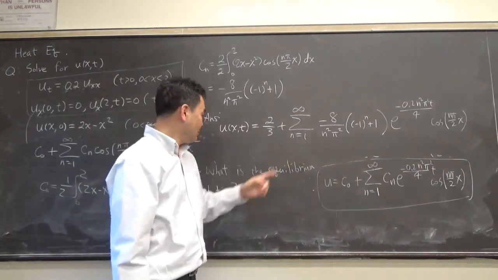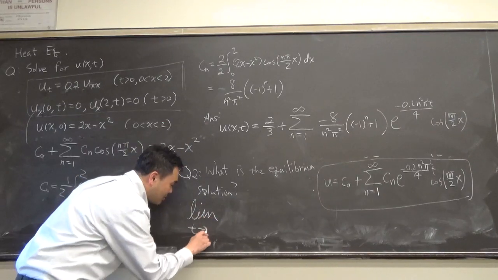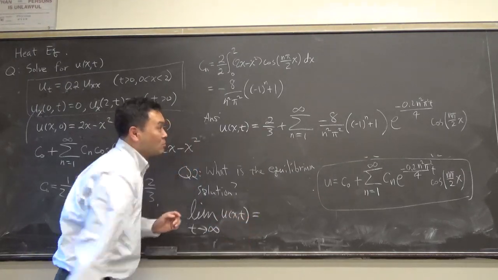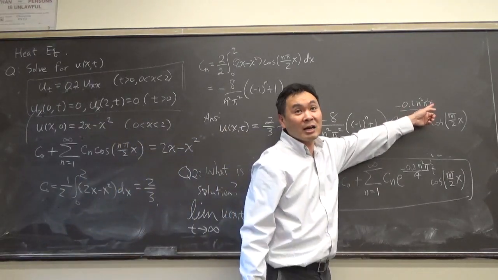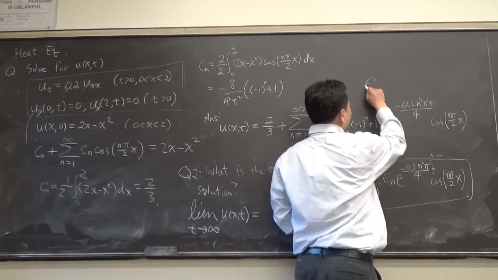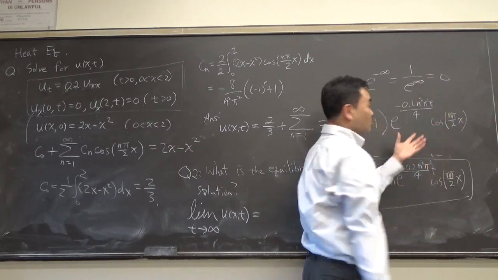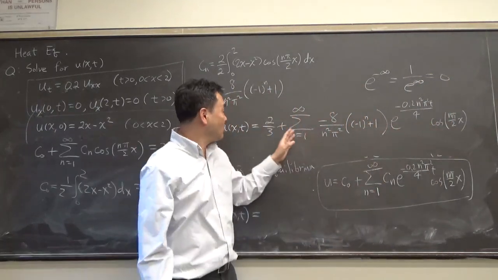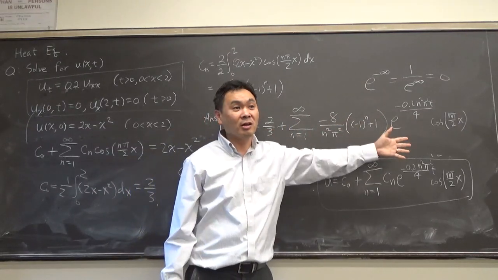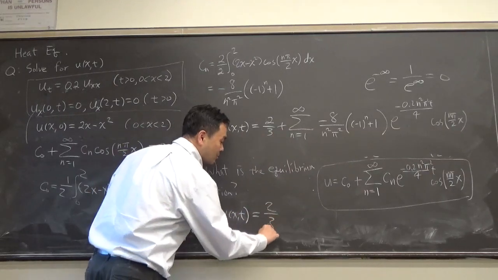Why? t goes to infinity. Yes! That's exactly the answer I wanted. If you take t to infinity of u(x,t), look what happens. Time goes to infinity, this goes to 0, right? e to the negative infinity is 1 over e to the infinity, which is 0. So when you send t to infinity, all of this disappears, and the only thing you get is 2/3.